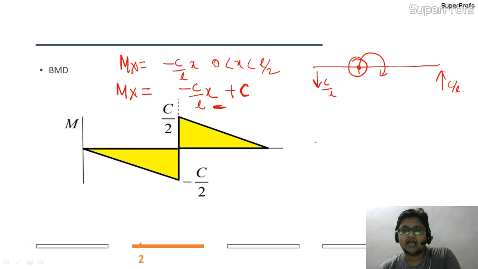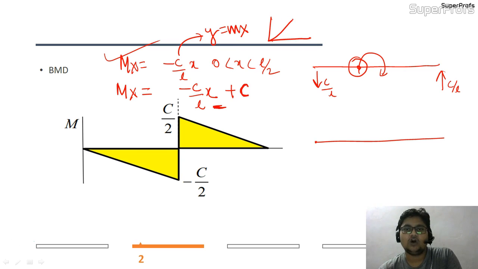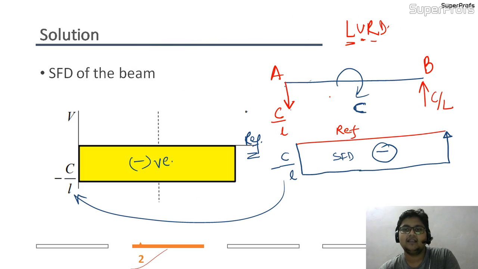Now, I have drawn a reference line here. Now, this equation up to L by 2 is again a straight line equation because it is a type of y equal to mx equation, and this type of equation always passes through origin, and it makes a slope of m units, which is nothing but tan theta, that is dy by dx, the slope of the line.